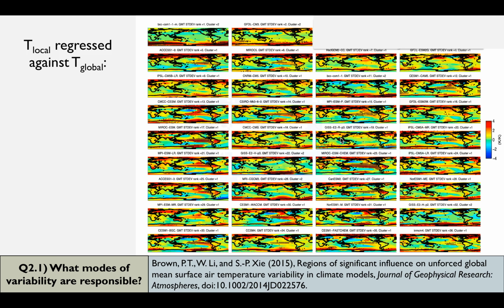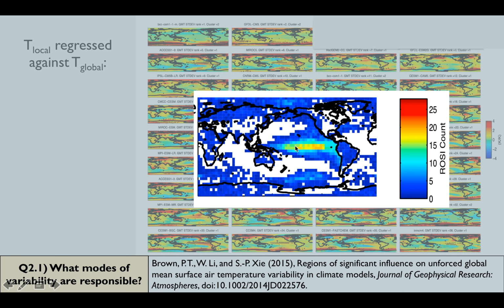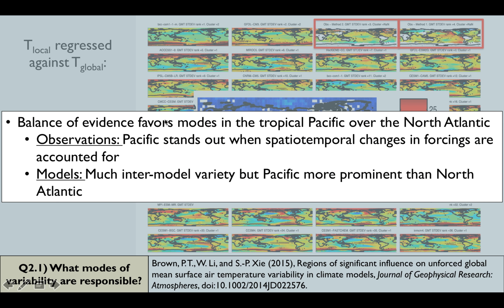If you composite across all of the models and look pixel by pixel at which locations have the most regions of significant influence, which are regions that we've identified as primarily driving global temperature variability, there's a bullseye in the tropical Pacific, and there's much less of an emphasis on the North Atlantic. So it looks like climate models as well point to the Pacific over the North Atlantic.